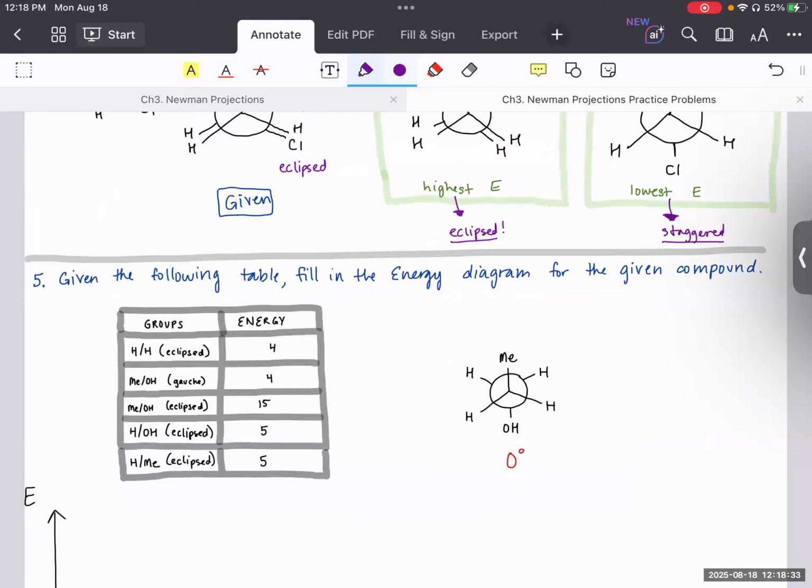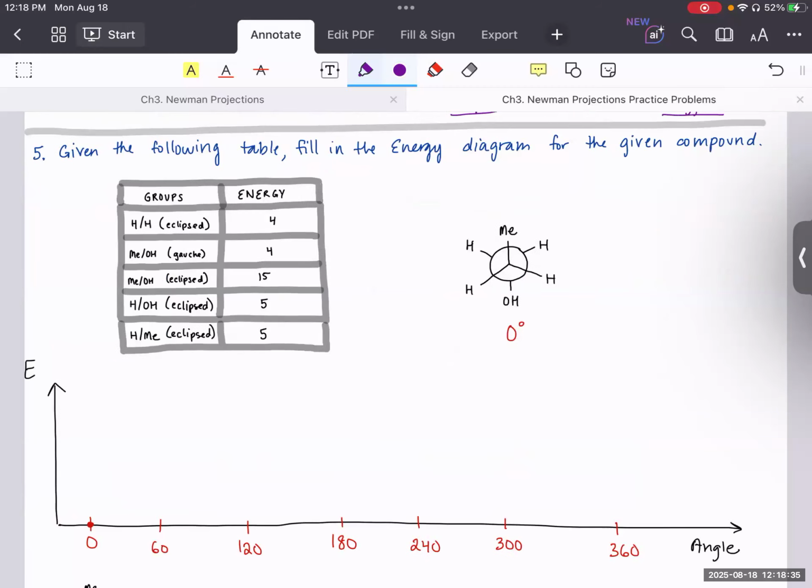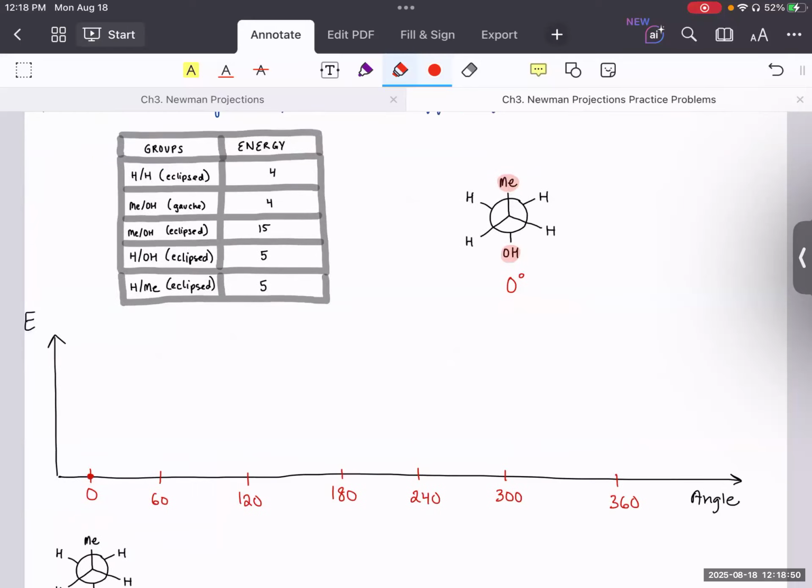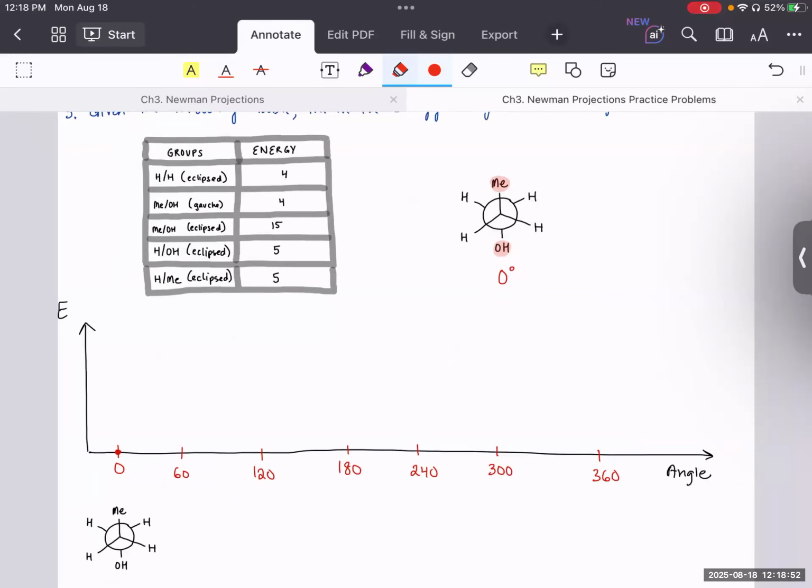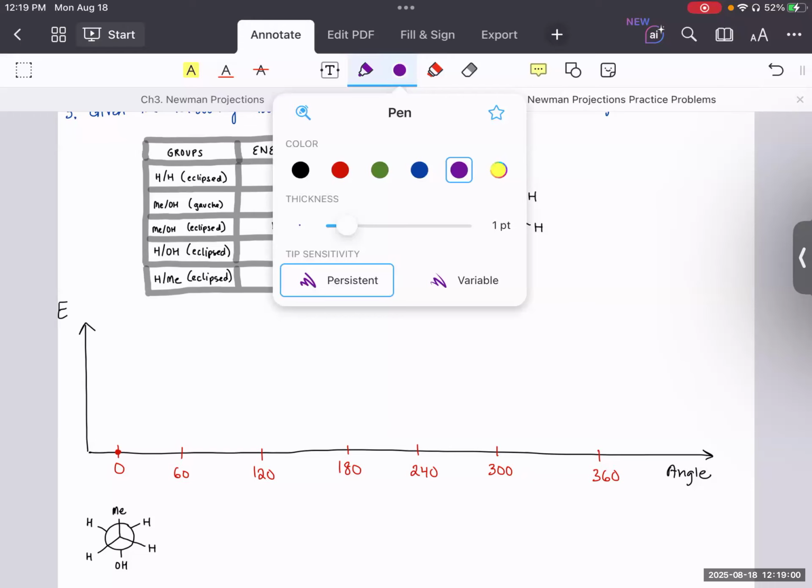All right, so for this next one, we're supposed to fill in the energy diagram for the given compound. And so here we're given the structure where the methyl group and the OH are opposite each other at 0 degrees. And so this is going to be our lowest energy state because those biggest groups are opposite each other. And so based off of these structures, we should also double check our energy.